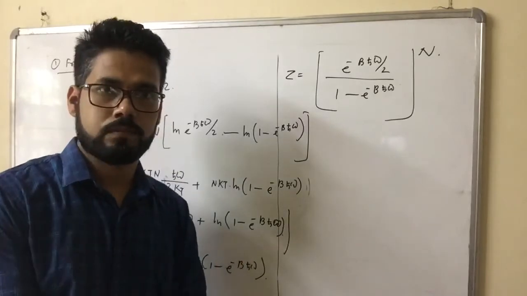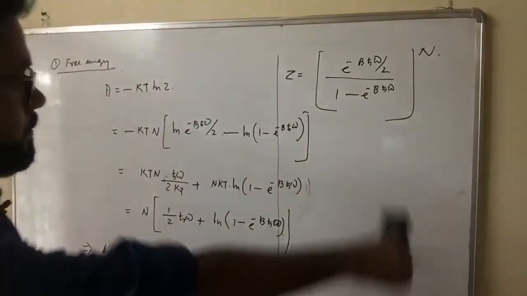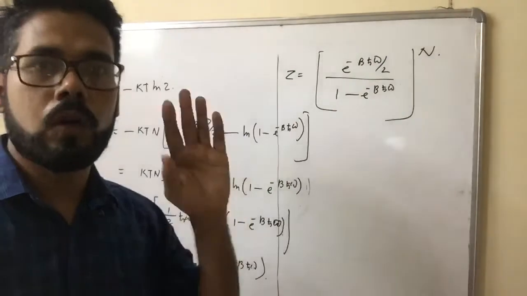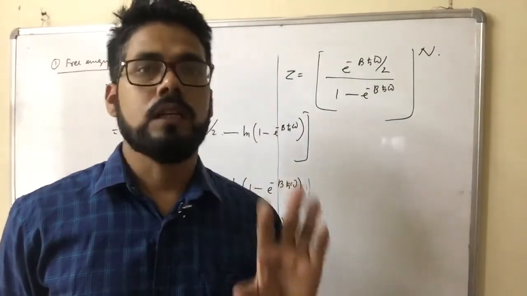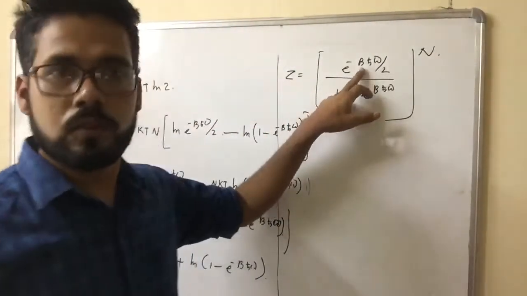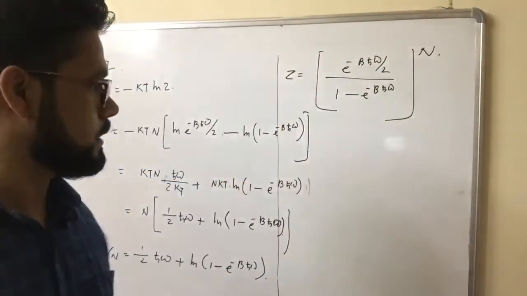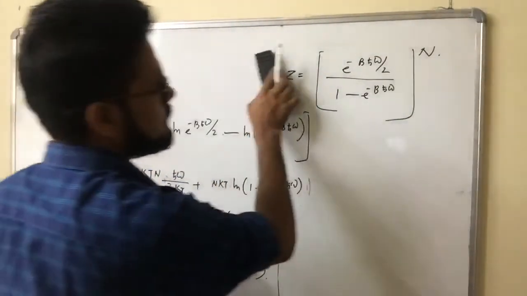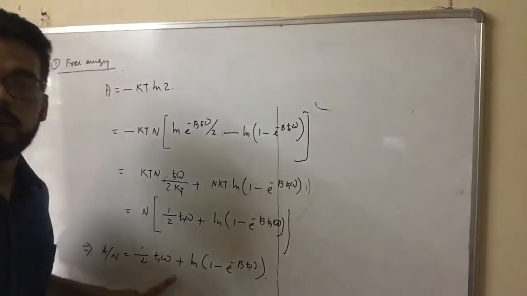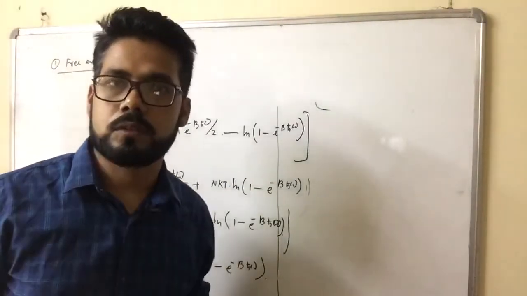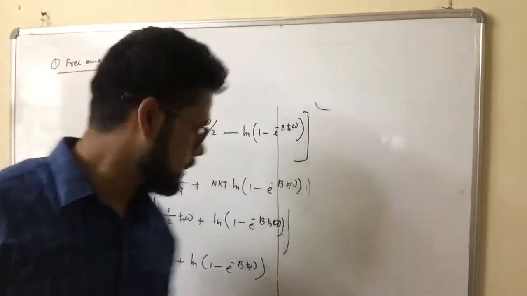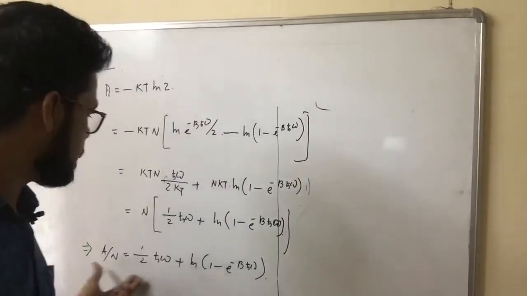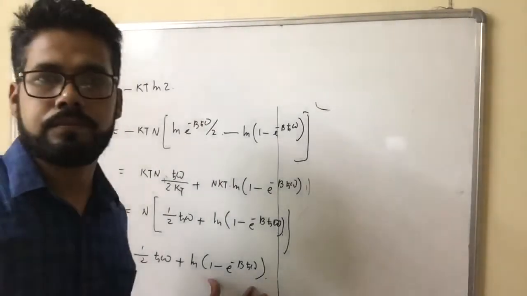Clear? But this is only for the Schrödinger harmonic oscillator. If the zero-point energy is not considered, this term will not be there, and then the average free energy becomes only the logarithmic term.